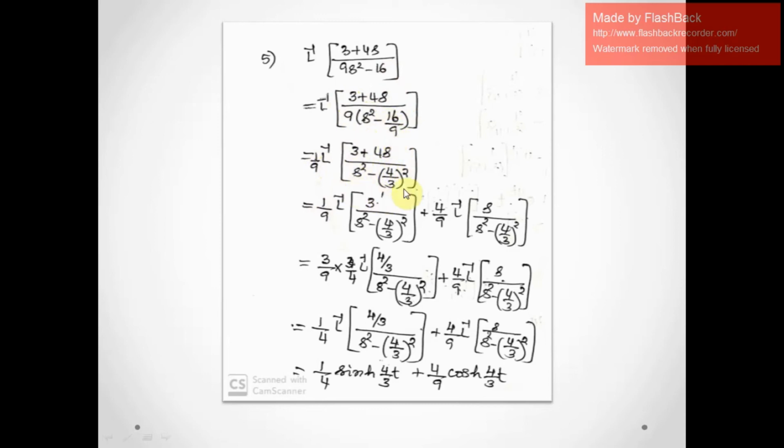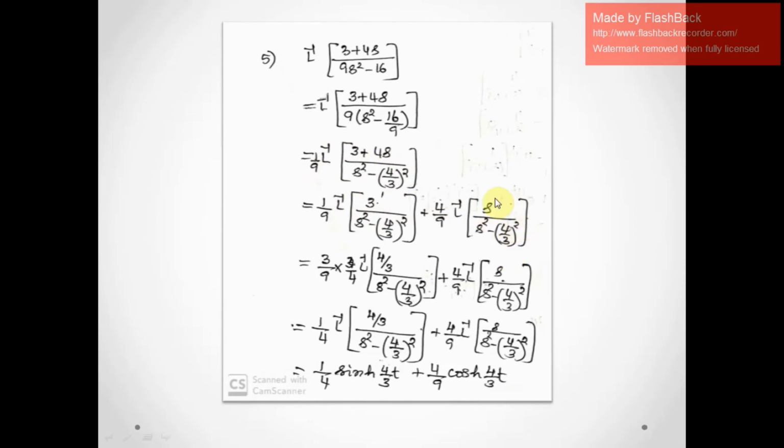So the denominator is set as s square minus a square. With the numerator, L inverse of 3 with this denominator plus 4 can be taken outside, along with this 1 by 9 it becomes 4 by 9, L inverse of s by s square minus 4 by 3 whole square.